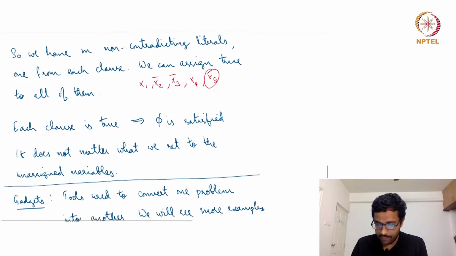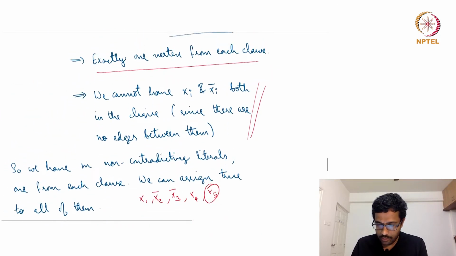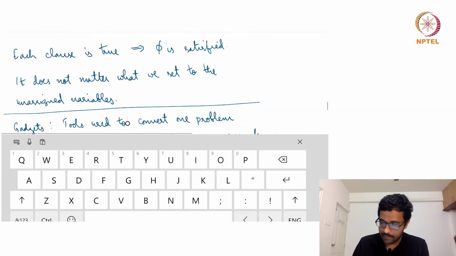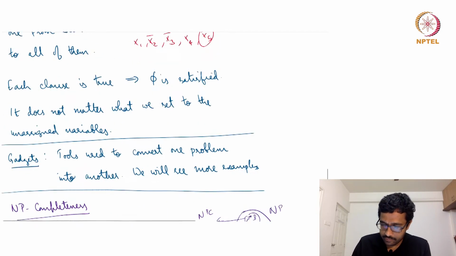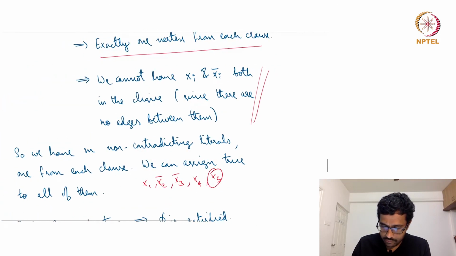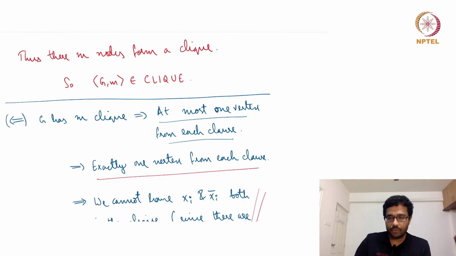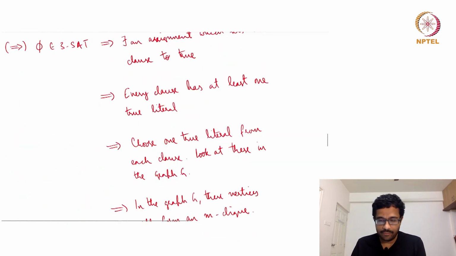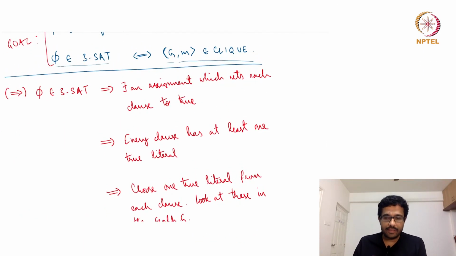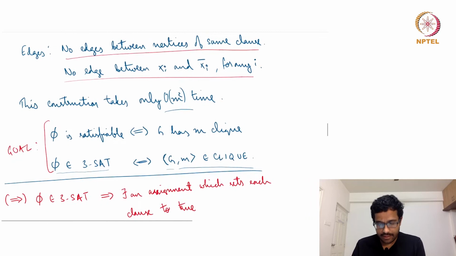So now we have shown that if the graph has an M clique, then the Boolean formula has a satisfying assignment. So we have shown both ways: the formula is satisfiable if and only if the graph has an M clique, right?